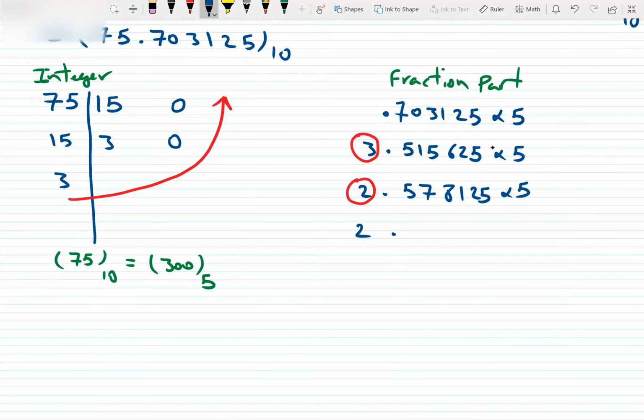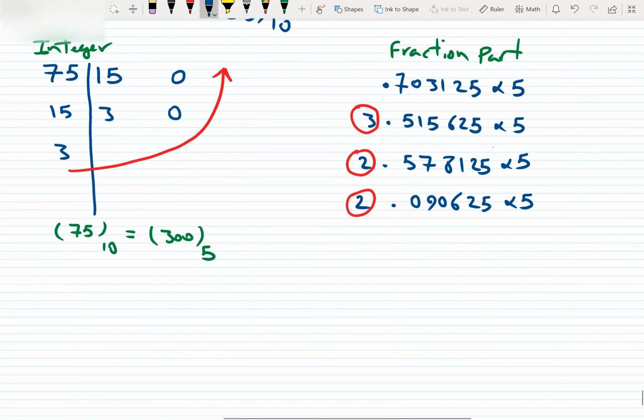We will have 2.890625. We again keep this integer part, multiply the fraction part by 5.